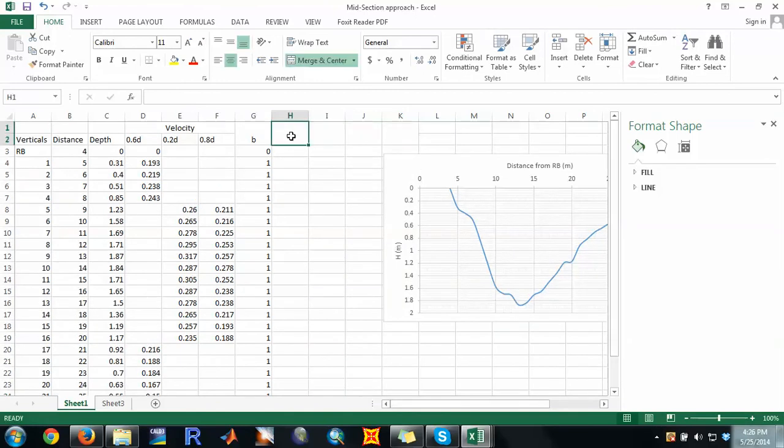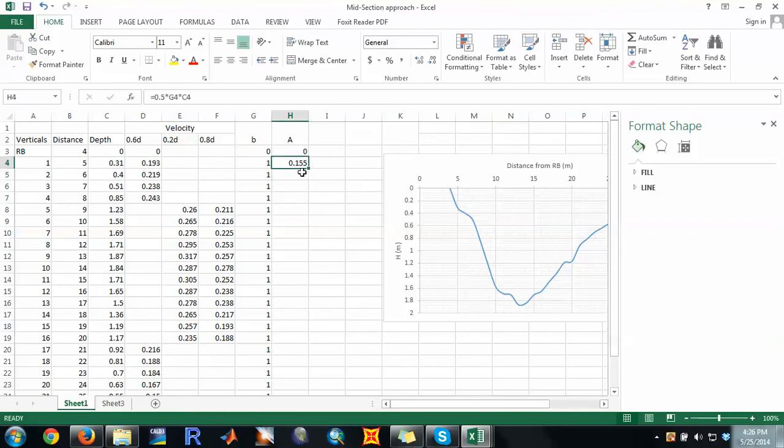Then you have to calculate the area. So at this point the area is 0, and at this point it is considered to be a triangular section. So this is equal to 0.5 times B multiplied by H, where H is the depth. Then this is your value.